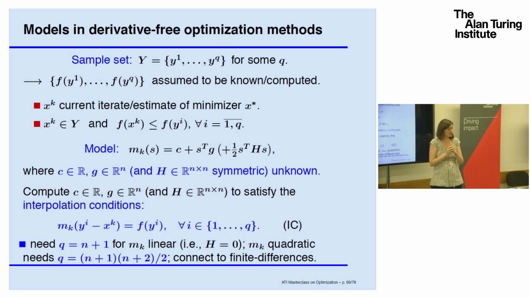And for the geometry, you do various things coming from approximation theory. You use Lagrange polynomials. You evaluate how much shifting the points around in the set would change the volume of your set. And you choose to give up points and bring in new points that increase the volume of your sample set.